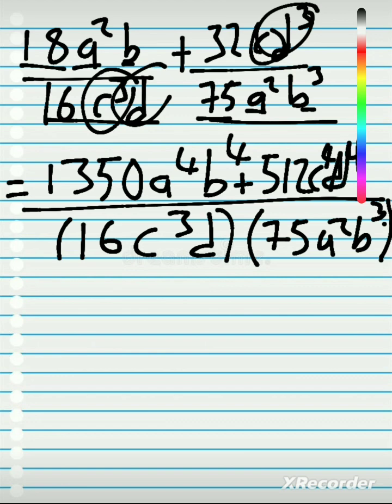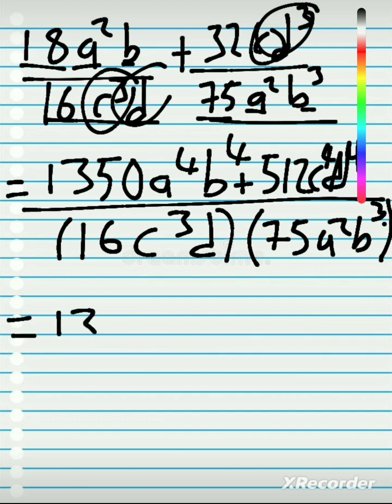d power 4. Okay, so from here, if they're like terms, we can add, but if they are not, we can't add. Of course we can factorize so that we reduce to lowest terms. Even on the bottom here, we can simplify further.